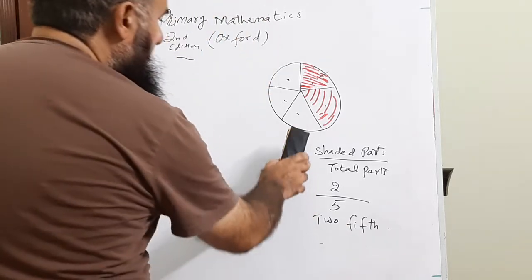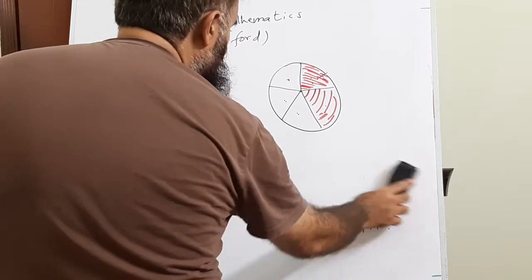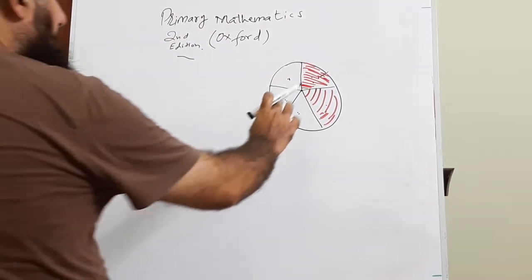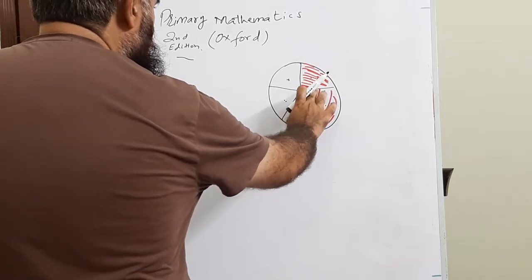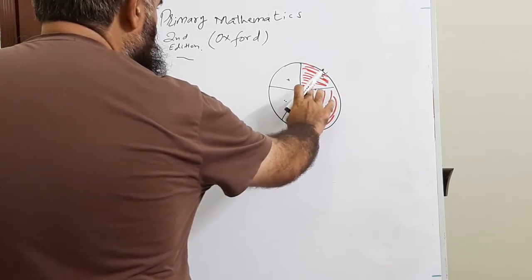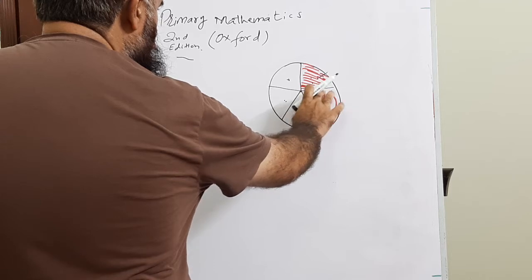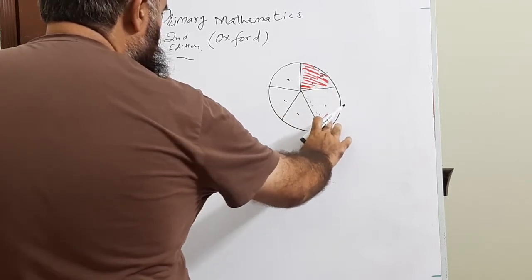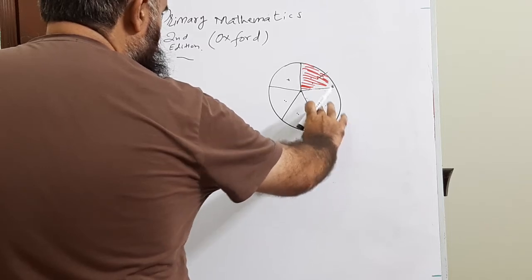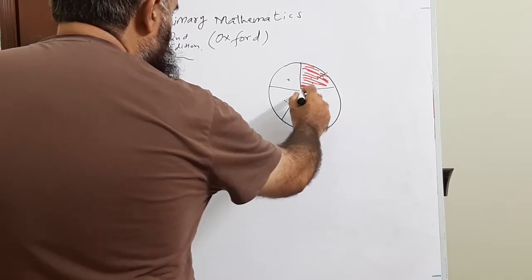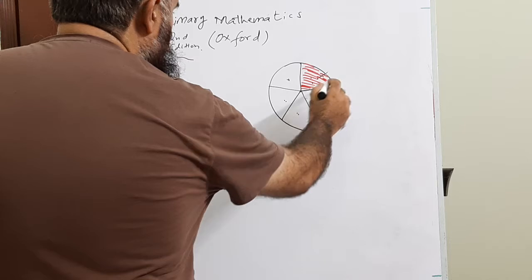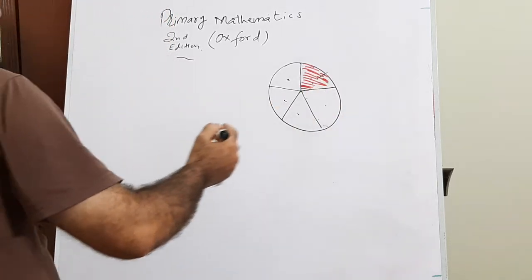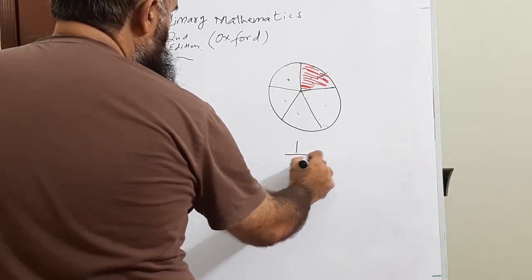We can also tell the same thing in another way. When only one part was shaded, we came to know that it is 1/5.